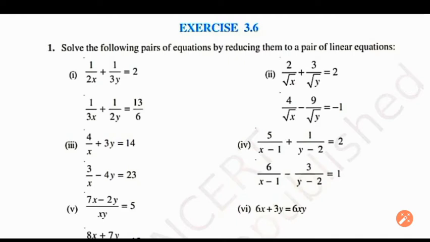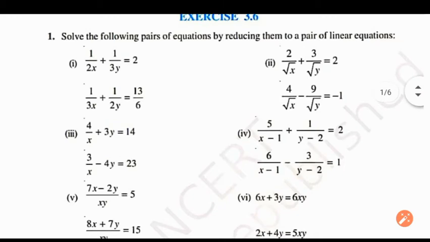So to make them pair of linear equation, or to make them in its general form, we are required to use suitable substitution. Okay, so after taking suitable substitution, this given equation will reduce into a pair of linear equation, or into a general form of the pair of linear equations.